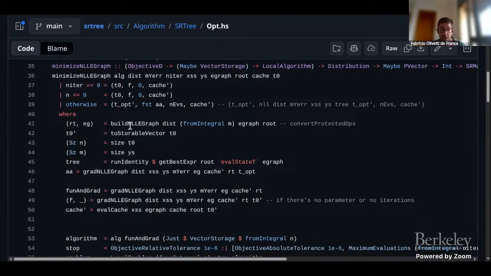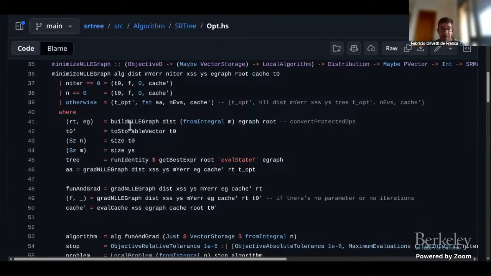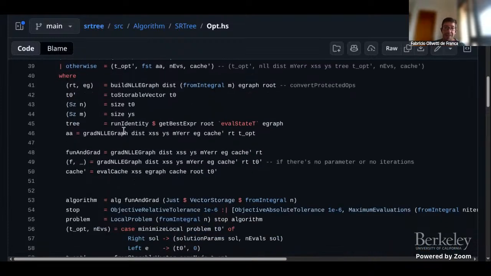Together with this one, I also have this gradNLL e-graph, an e-graph that calculates, given a vector of theta, the likelihood function and the gradient.